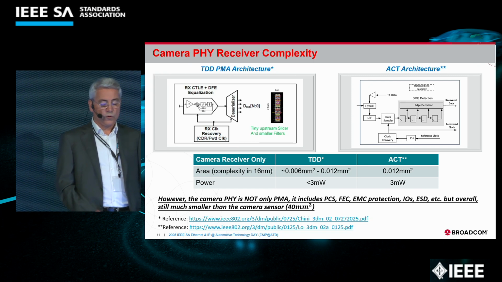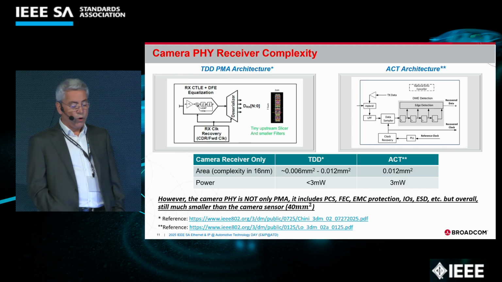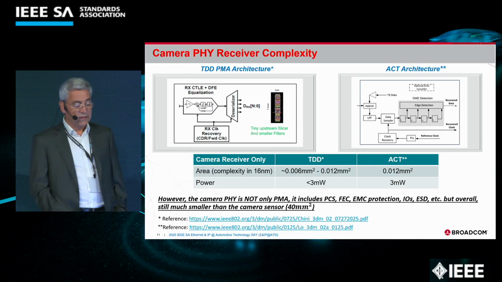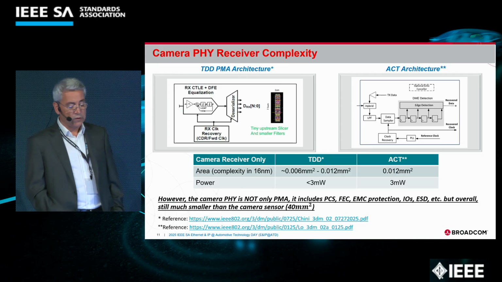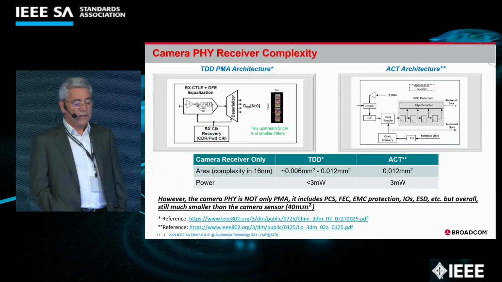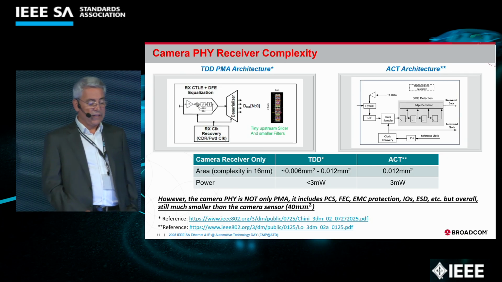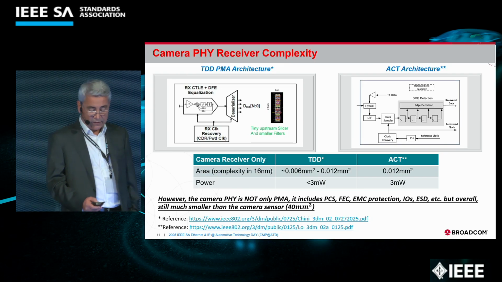ESD is also another block that occupies area in the PHY. But overall, this small area, 0.012 millimeters square, is still much smaller than the camera sensor, which is about 40 millimeters square. So in summary, it is feasible to integrate the PHY camera receiver into the sensor very easily with these architectures.